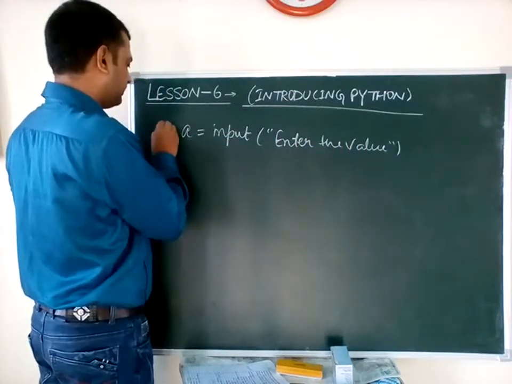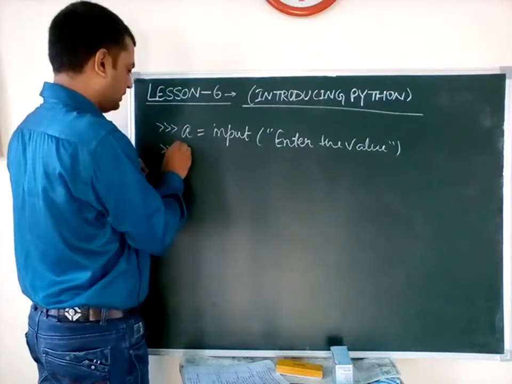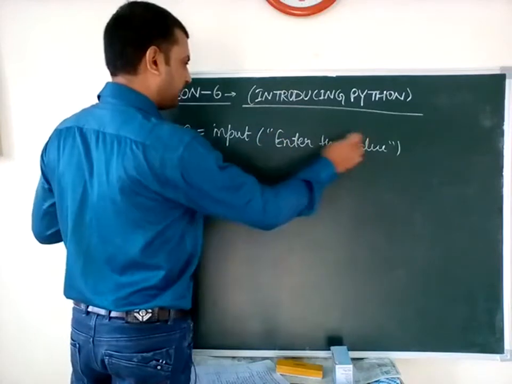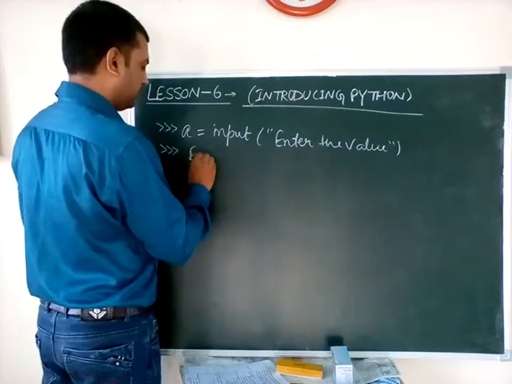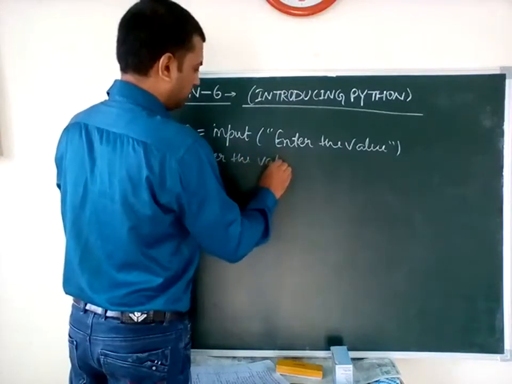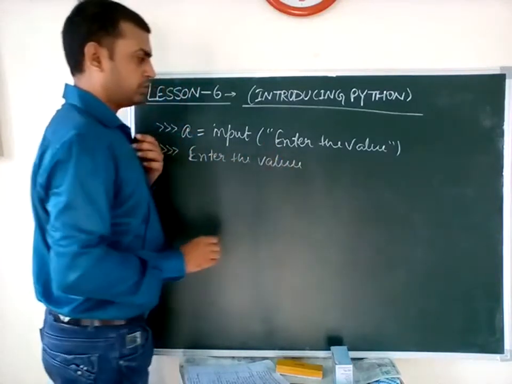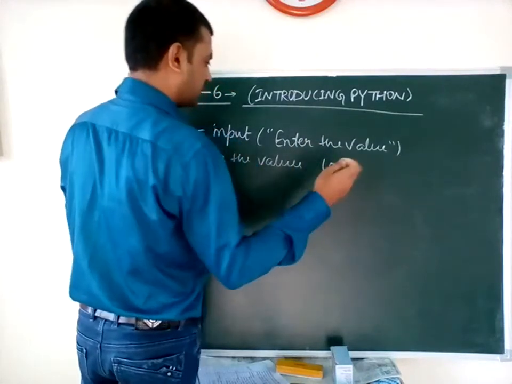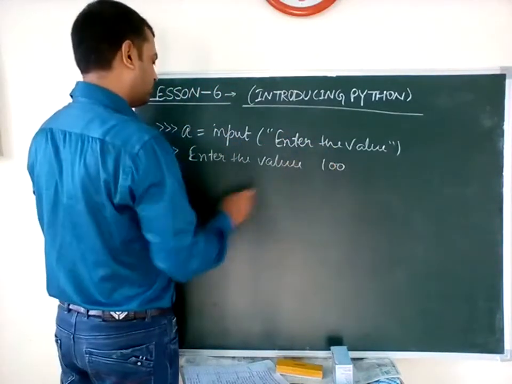Then if you press the enter button, whatever you have written in double quotes will be shown to you. So enter the value will be shown to you, and the value which you give, 100, that you have given, will be shown to you here.